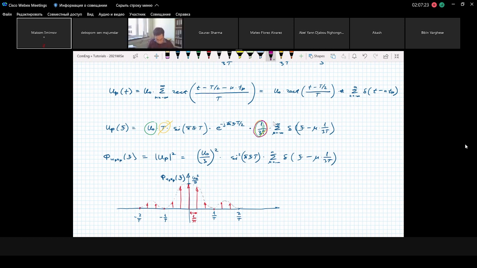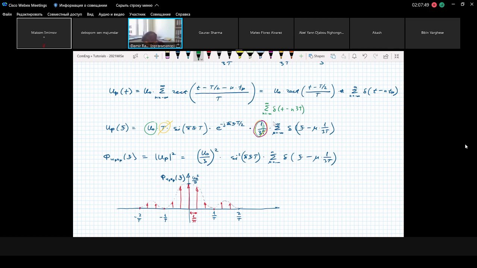It simply comes from the definition of the Fourier transform for delta pulses. We have the original sequence of delta pulses, and we write it as delta t minus n3 capital T.